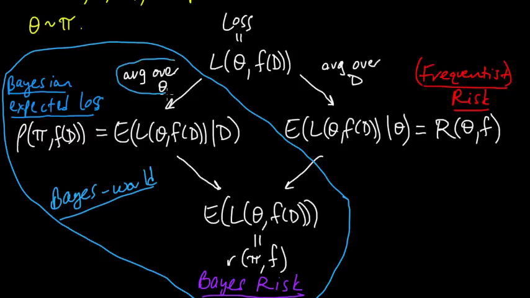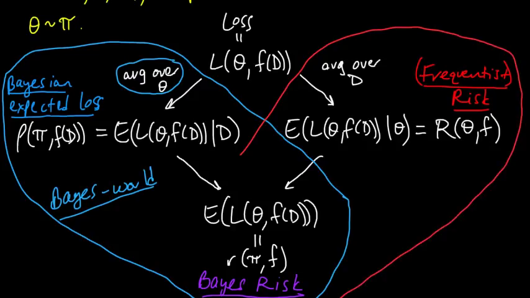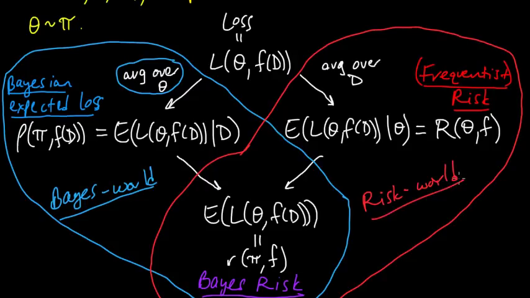And in red, let's put another corresponding oval over here. Let's call this risk world. R for risk, so B for Bayes and R for risk. I've chosen my colors ahead of time. And in risk world, we're averaging over the data.